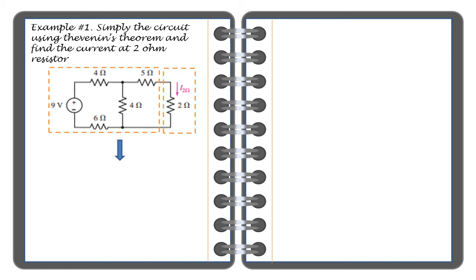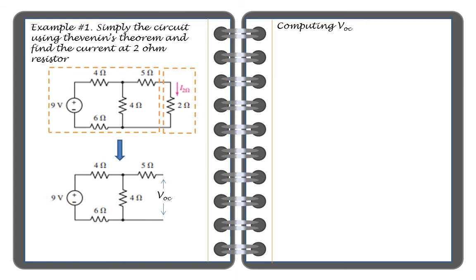By identifying it, we can now remove the complex network. As a result, the complex network will have an open circuit portion. The open circuit, as indicated by the two arrows, is where we will get the voltage VOC, or the Thevenin's equivalent voltage. So how can we compute it?